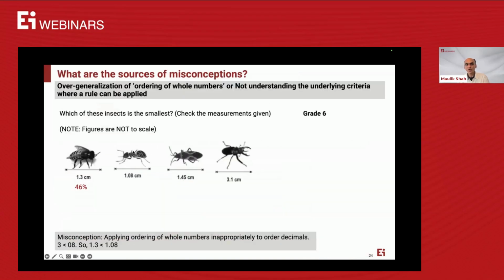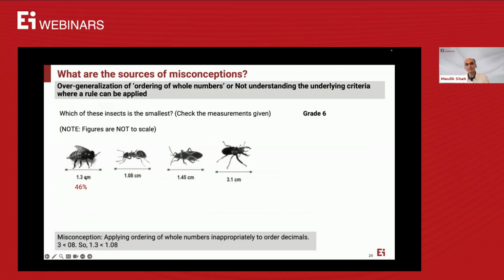In this question on ordering of decimals, students are expected to say that 1.08 is the shortest length. Hence, this is the insect with the shortest length. 46% of grade 6 students said it is 1.3 centimeter. Why? Because they are ordering like whole numbers. They are saying 3 is smaller than 0.8, which is 8.